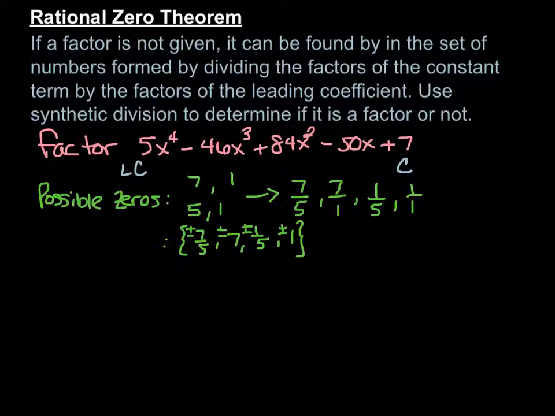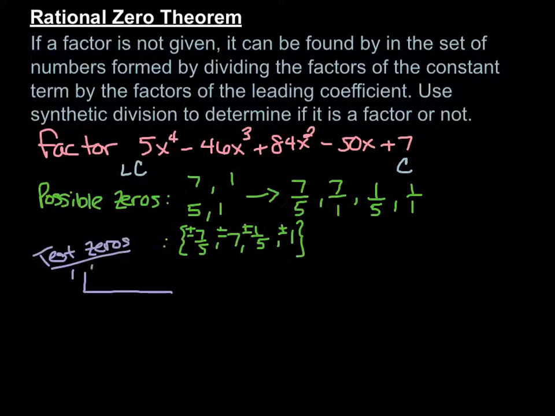So we just got to pick one, do synthetic division, and see if it works out. Just for argument's sake, I'm going to start with 1. So right now I'm just going to test the zeros. And remember, if our remainder is 0, that means it is a factor. I'm just going to test 1 first, because 1 is just an easy number.